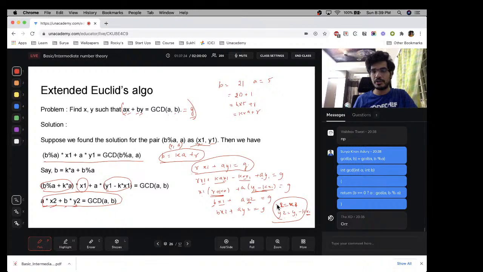I made a mistake in the order: we found x1 and y1 and then we found x2 and y2.